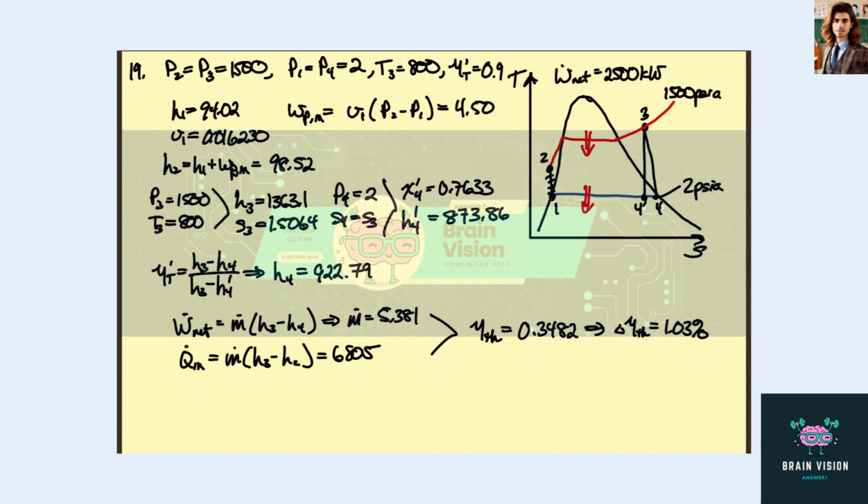Hold on, let me try to get this sorted out here. I suspect that I actually used H1 here, because if we're going to neglect this power, essentially we're saying that it goes up in pressure, but we're not.